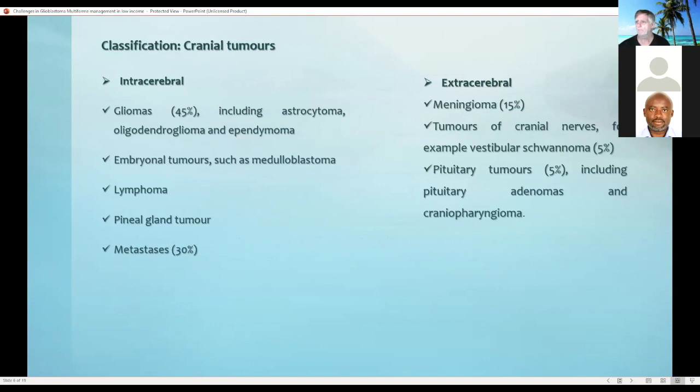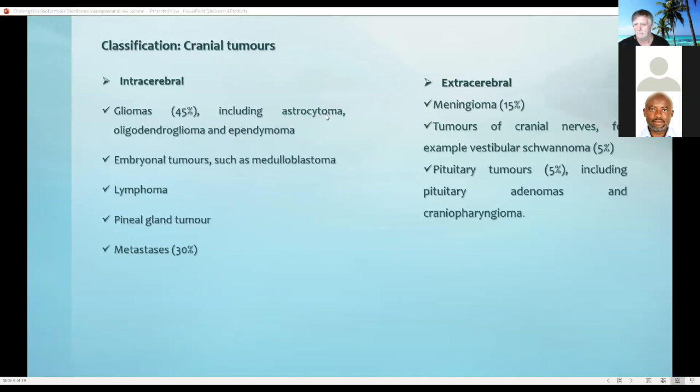We tried to classify these intracranial tumors in two groups: intracerebral tumors and extracerebral tumors. The intracerebral tumors include gliomas, which account for 45%, including astrocytomas, oligodendrogliomas, and ependymomas.